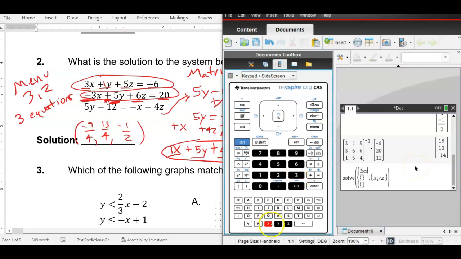And if you type that in really quick, this time you can just put in the original equation. You don't have to solve anything.